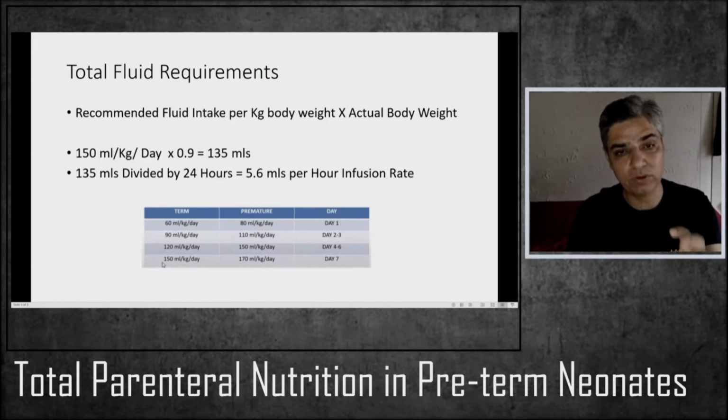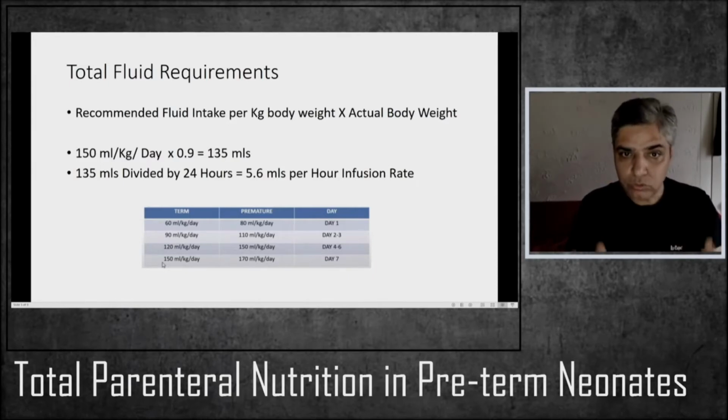Now normally, because he would be having a central line, this fluid you do not have to give as a bolus. This has to go in 24 hours. This will go slowly. So you have to divide this 24-hour fluid requirement by 24 hours. So you divide 135 by 24, and that gives you 5.6 mL per hour infusion rate.